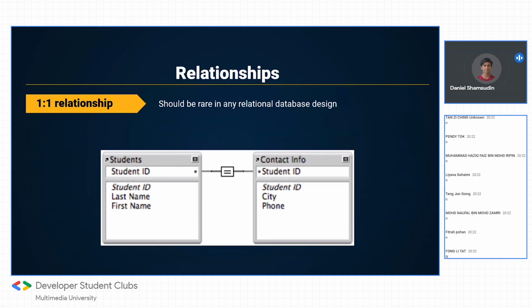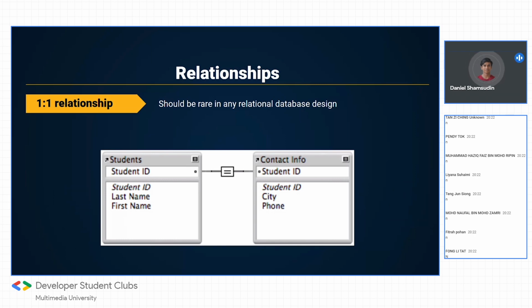The next one is one to one. This kind of relationship is a bit rare to see in any database, but it all depends on your business logic when you're designing a database. An example is the one in the picture. Imagine you are designing a database for a school or a university. The business logic requires you to have a student, and for each student, you need to have their own contact info.